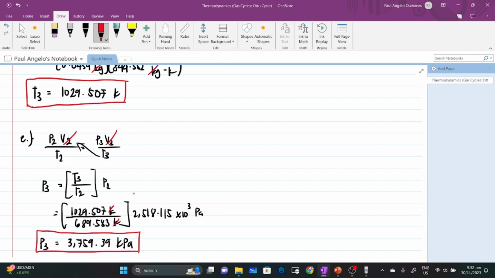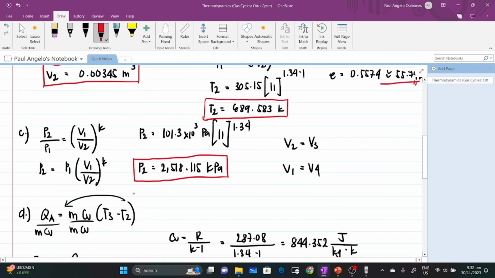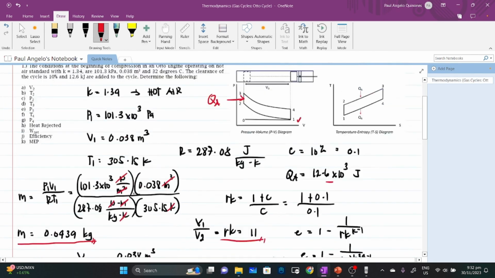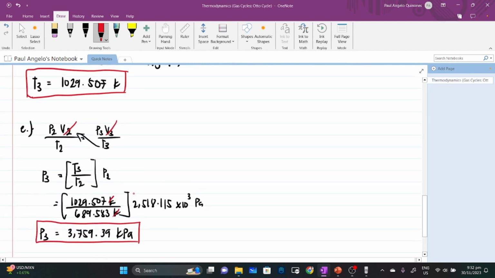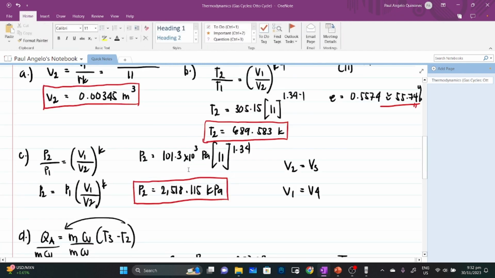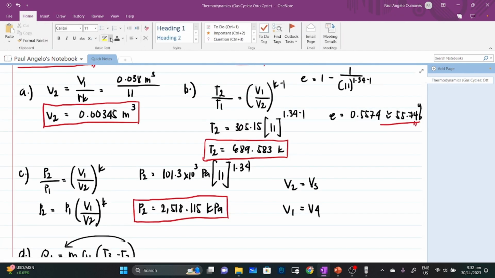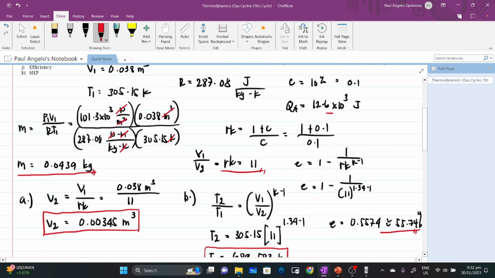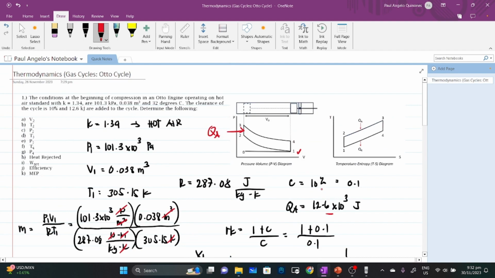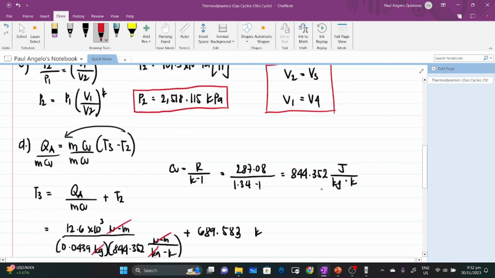Okay, next, what about point number 4? So we have P3, T3, and then we already concluded that volume 2 is equal to volume 3. So let's put a box around here. So all the volumes, we've already obtained the values of such. So let's proceed with point 4.